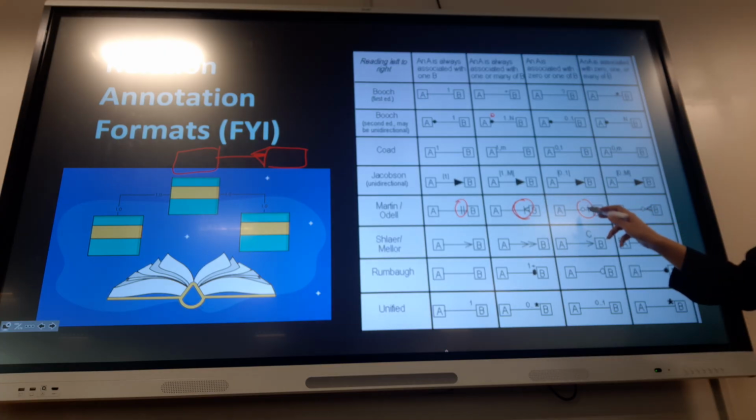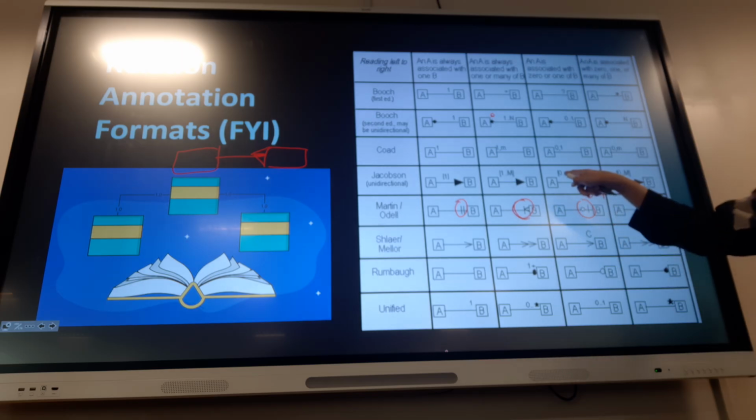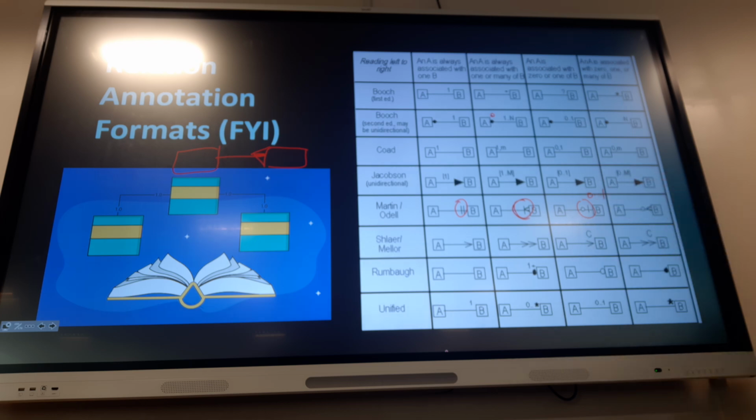It's 1 or many? No, it's 0 to 1. You do it like a hollow circle and a bar. The bar is 1, the hollow circle is 0. Just know it, in case you see it in a diagram, so you know how to read it.